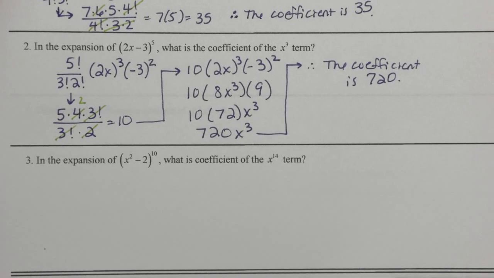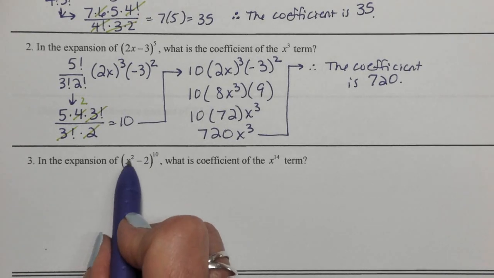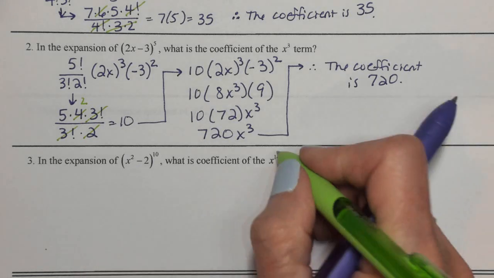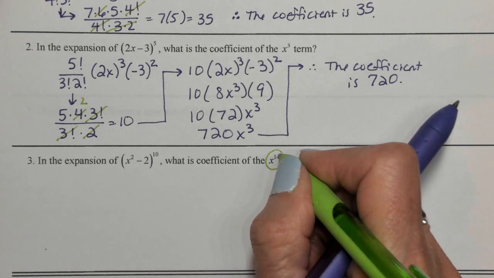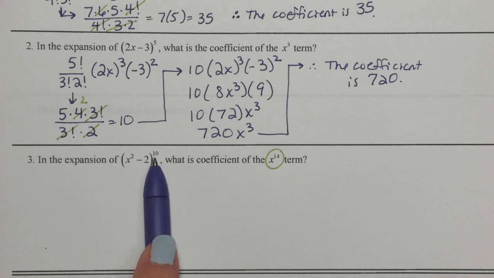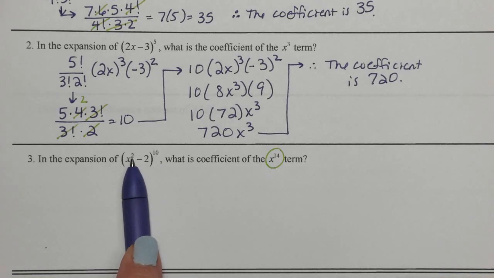Number 3. Let's expand this one. Okay, x squared minus 2 to the 10th power. We want the coefficient of the x to the 14th term. You might at first say, wait a second, we're not going to have an x to the 14th term. The power here is 10. But we will, because this starts already at an x squared term.